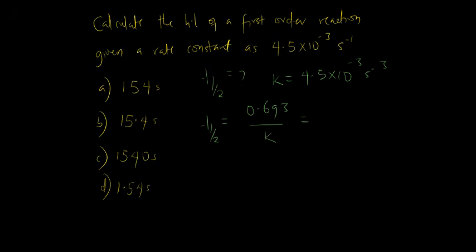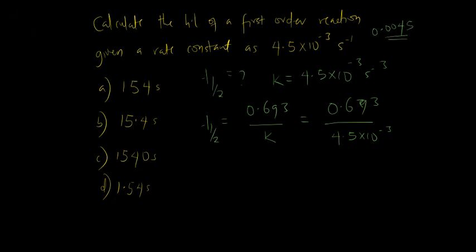So now this is equal to, we now have the decay constant, so we just substitute. We say 0.693 all over decay constant, which is 4.5 times 10 to the power of minus 3. If you do not want to use this standard form, you can use 0.0045. 0.0045 is the same thing as 4.5 times 10 to the power of minus 3.